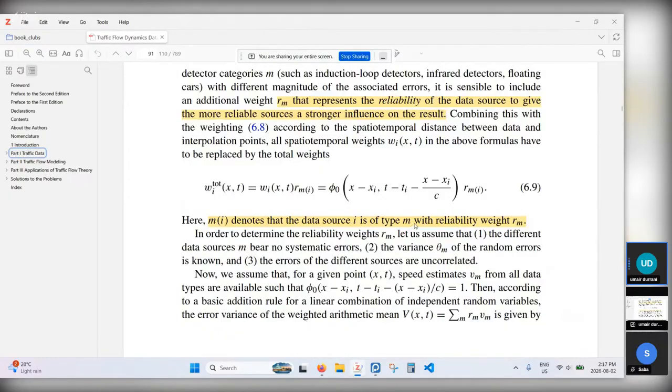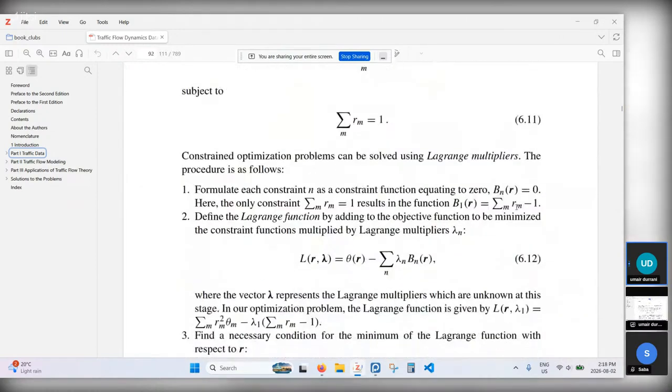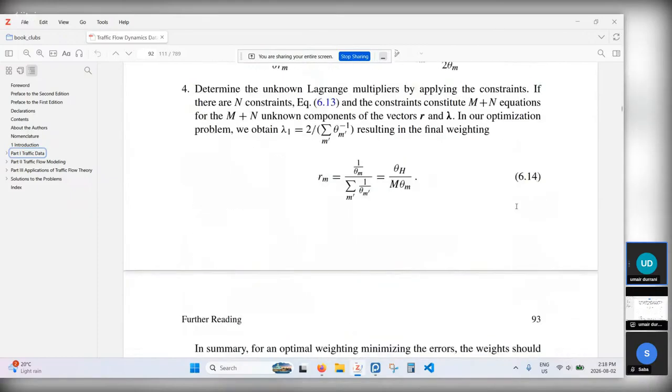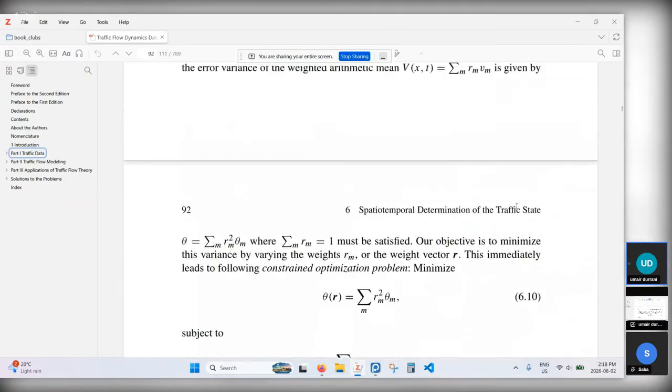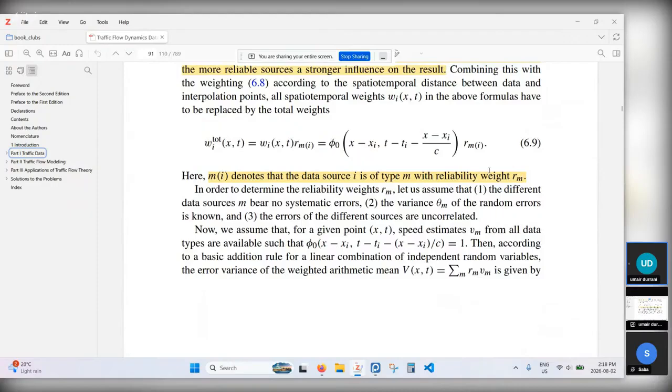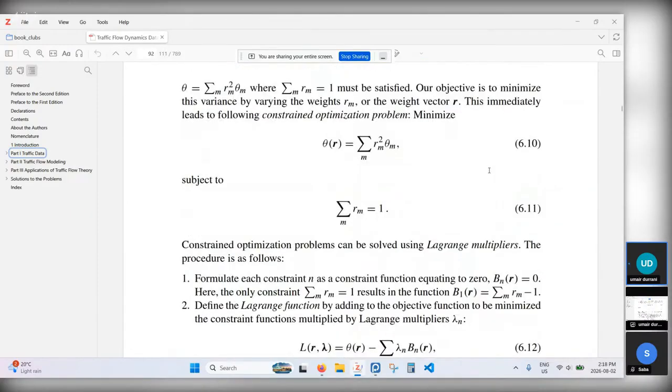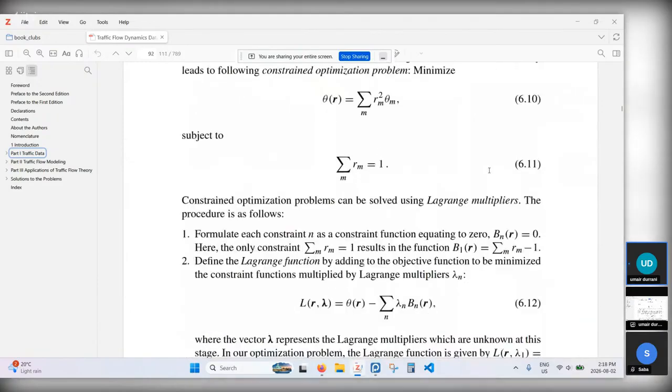And so for that, we use reliability weight RM, and that gives us a total weight where we are using the kernel and RM, which is representing the reliability weight of a data source. And so once we combine all of that, we can do smoothing and then get the results, but considering the different weights or reliability of the data sources. And in this section, they show the step-by-step of how we get to that equation.